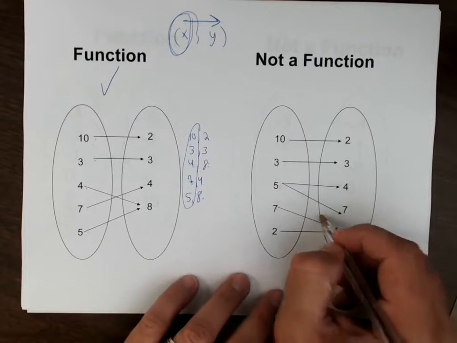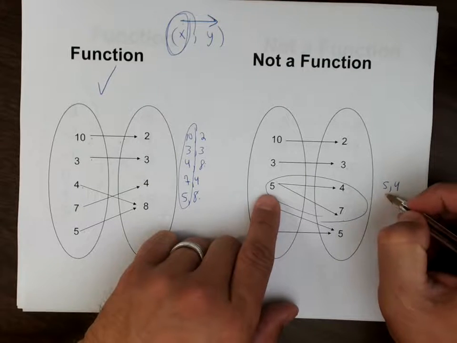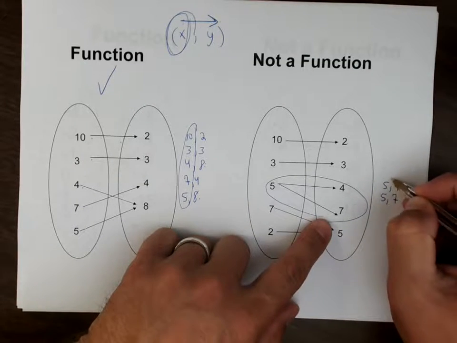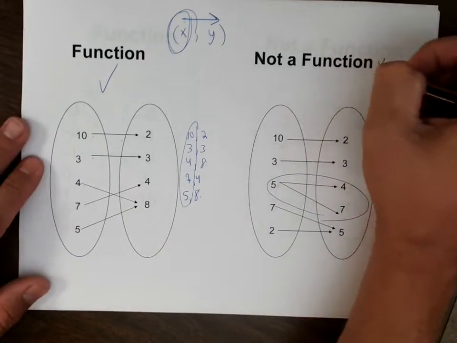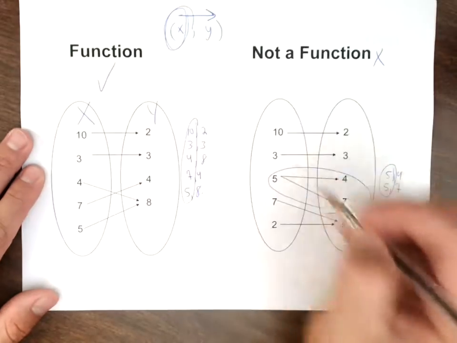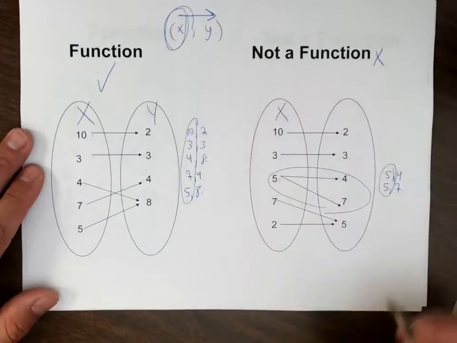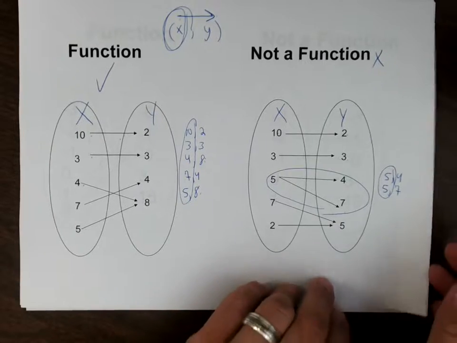Look at this right there, because this represents 5, comma 4 and 5, comma 7. The x's got repeated. So no, this is not a function. When you look at mapping, the first one's the x, the second one's the y. Just like a table.